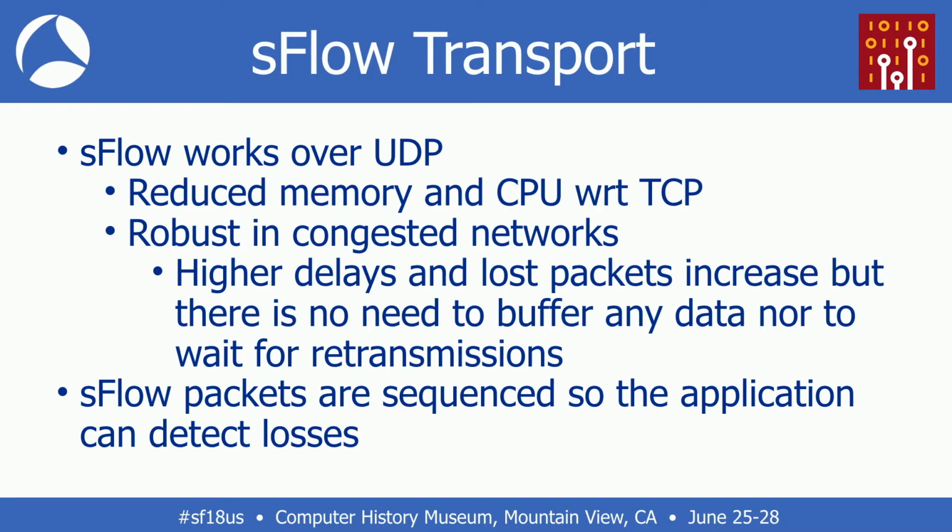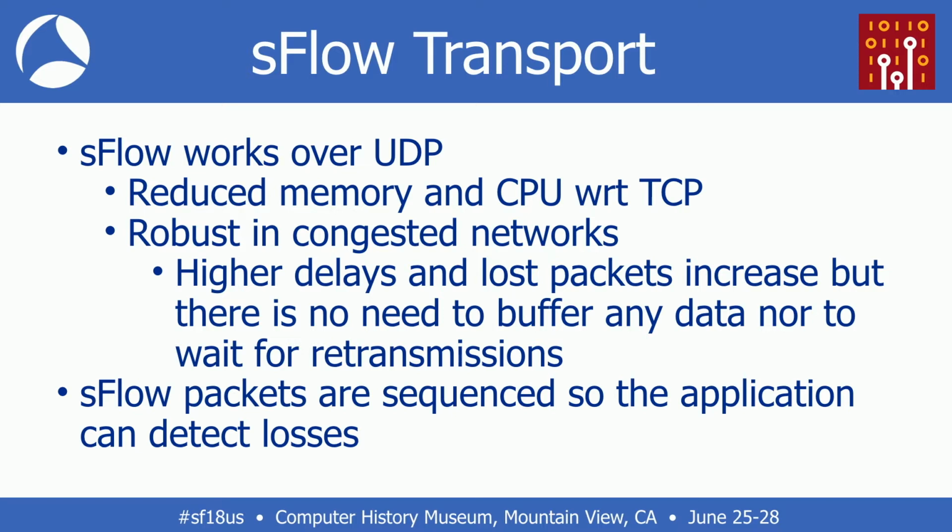Well, because first of all, UDP is more memory and CPU savvy with reference to TCP, for example. And this is fundamental because sFlow runs on gigabit switches with tens or even hundreds of ports. So saving memory and CPU cycles is fundamental because those are really high-speed switches.